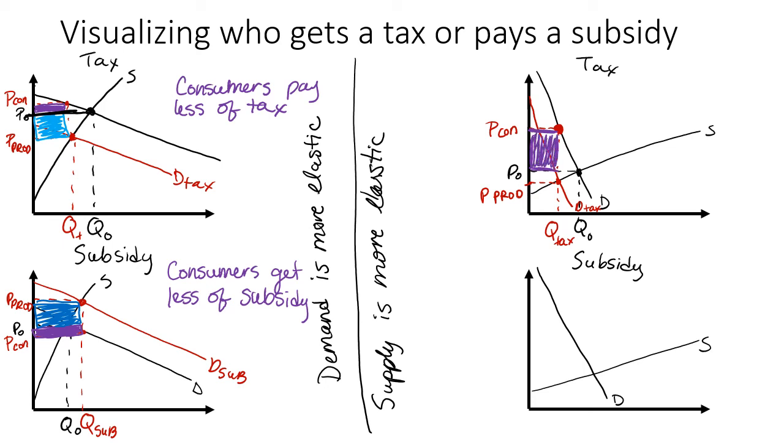So this purple part is the loss to consumers from this price change, right? So how much they pay. And then for producers, their tax burden is just how much they lose in their price there. So we can see that the consumers here have the bigger burden. So here, producers pay less of the tax. Okay.